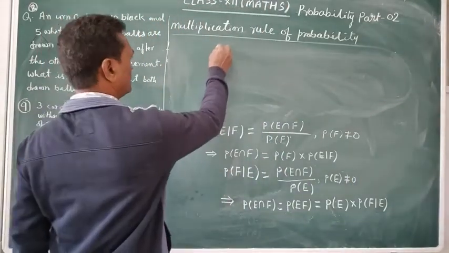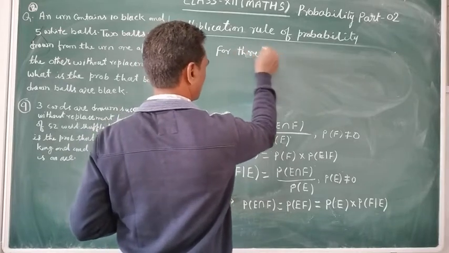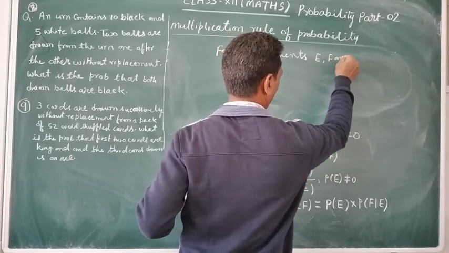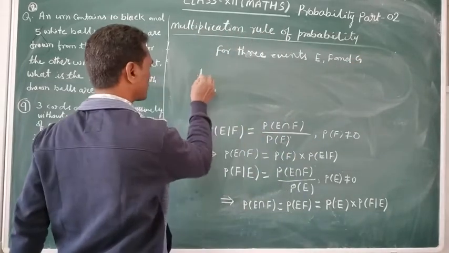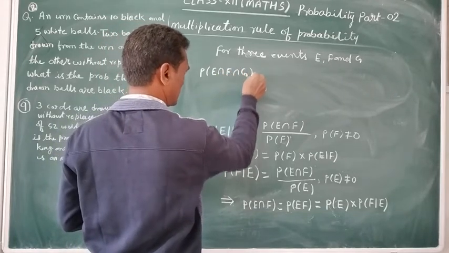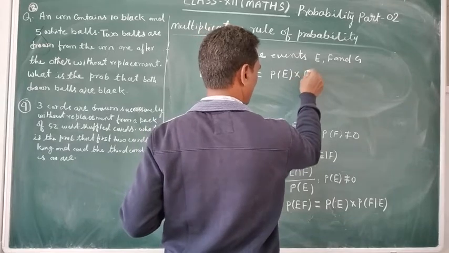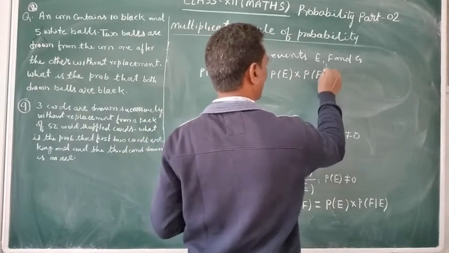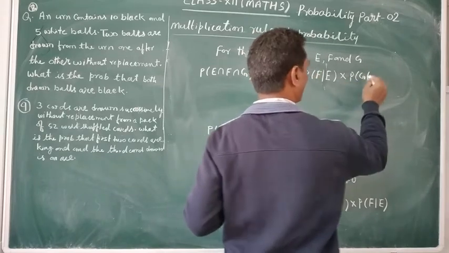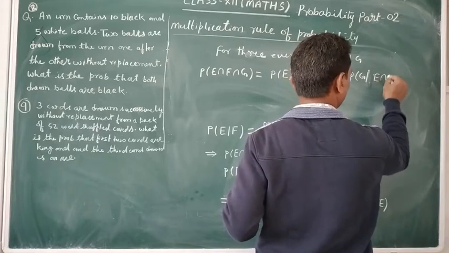Now for three events E, F and G. Probability of E intersection F intersection G is equal to P(E) into P(F) when E has already occurred, into P(G) when E and F both have already occurred.